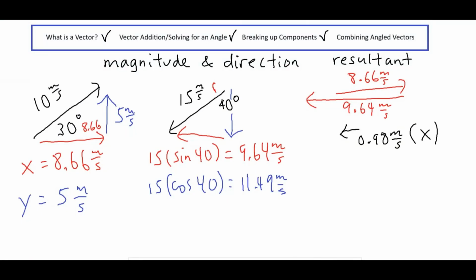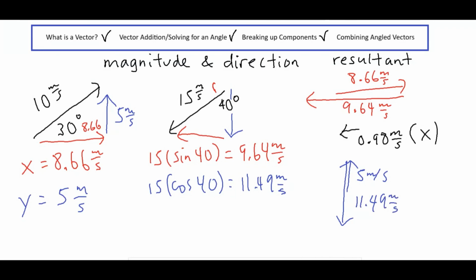Now for my vertical ones, I have one that goes 5 meters per second up, and then I have one that goes 11.49 meters per second down. Okay, again, these ones are in opposite directions.